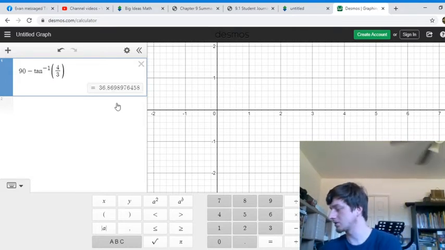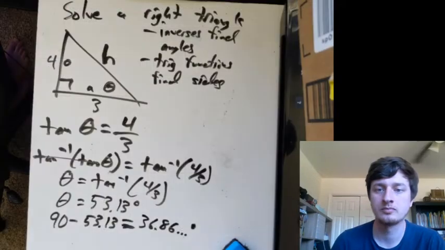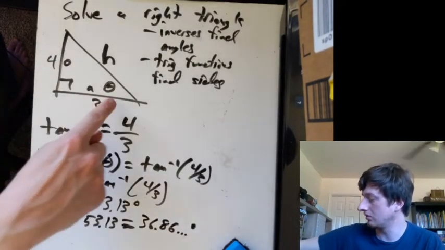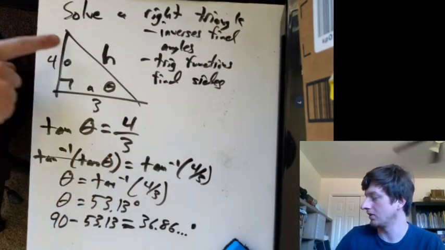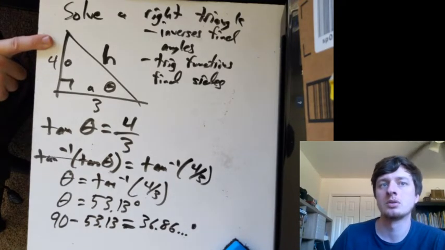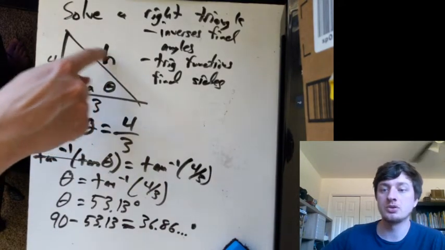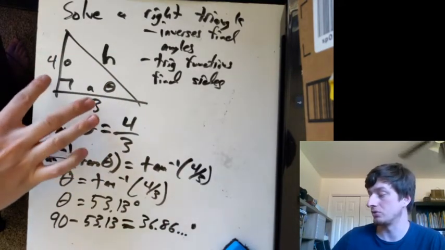So 36.86 degrees. So two angles. So we know this angle is 53. We know this angle is 36.87. Okay? And then to find the hypotenuse here, you could use the Pythagorean theorem, because you know two sides.